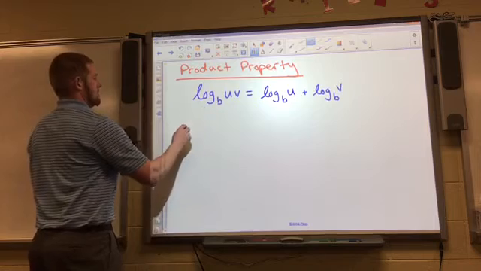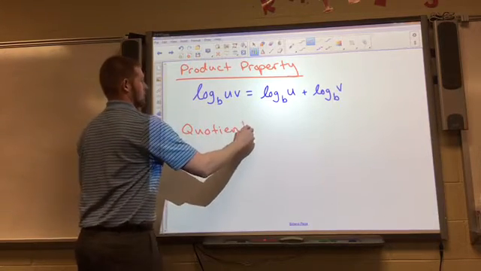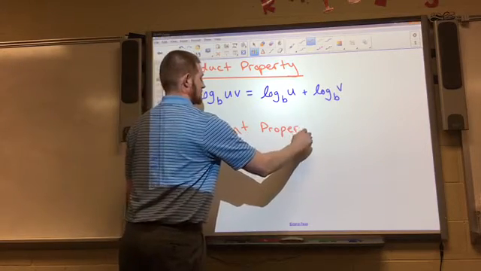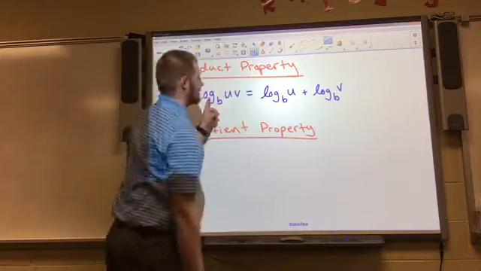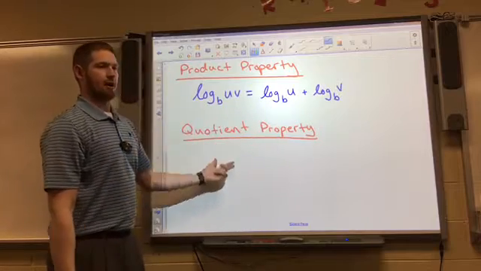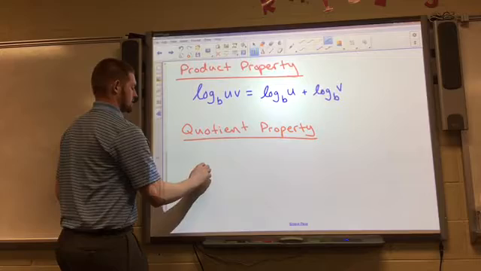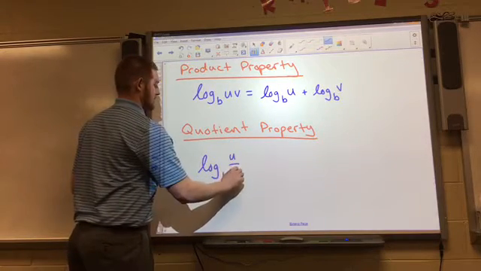The second one is your quotient property. Notice how this follows along with our exponents. We were multiplying, so we added. If you're dividing, you're going to subtract, exactly. So you have log base b of u divided by v.